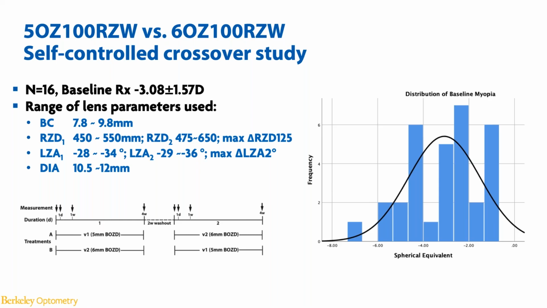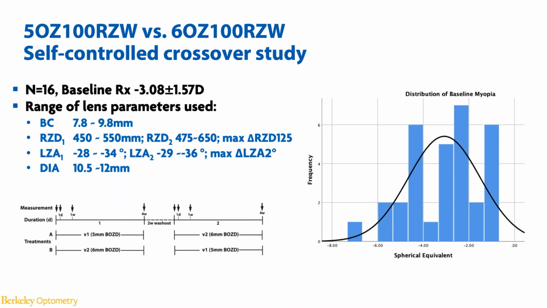And again, we have utilized a self-controlled crossover study. So for this study, and even though it's still a pretty small study, we have 32 eyes of 16 subjects enrolled in the study with a baseline level of myopia of slightly over -3. And here I'm also listing the range of the lens parameters we have used.